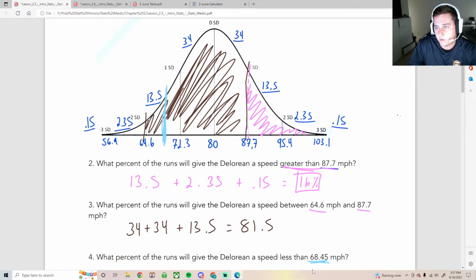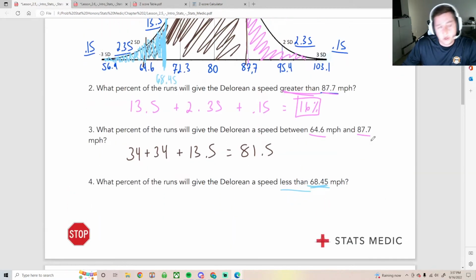Okay, so we're going to treat that as 68.45, and we want speeds less than that. So really we're interested in this robin's egg blue area here. So we want to know what that area is. Well, good news. You have a way to find that.